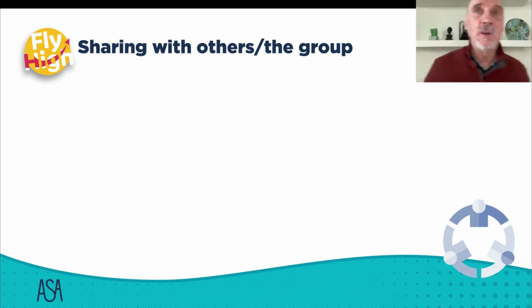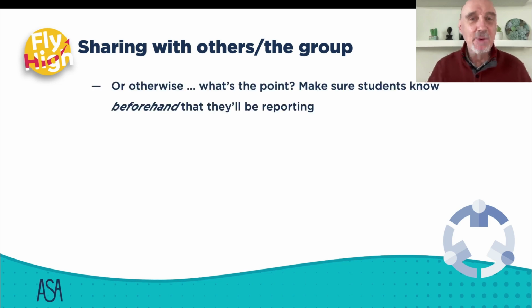So sharing. We talked about sharing earlier. We talked about the chemicals in the brain that get produced. It's important. Otherwise, what's the point of spending this time talking about something that you're very familiar with to someone you know quite well, unless you're then going to share it with the rest of the group? That might be what some students are thinking.